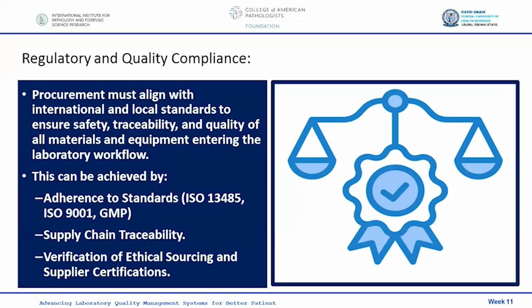Then also, the sourcing should be conflict free, particularly for commodities like diagnostic kits, electronic components, or specialized reagents. It is important to do supplier audits and documentation because this will help validate compliance.